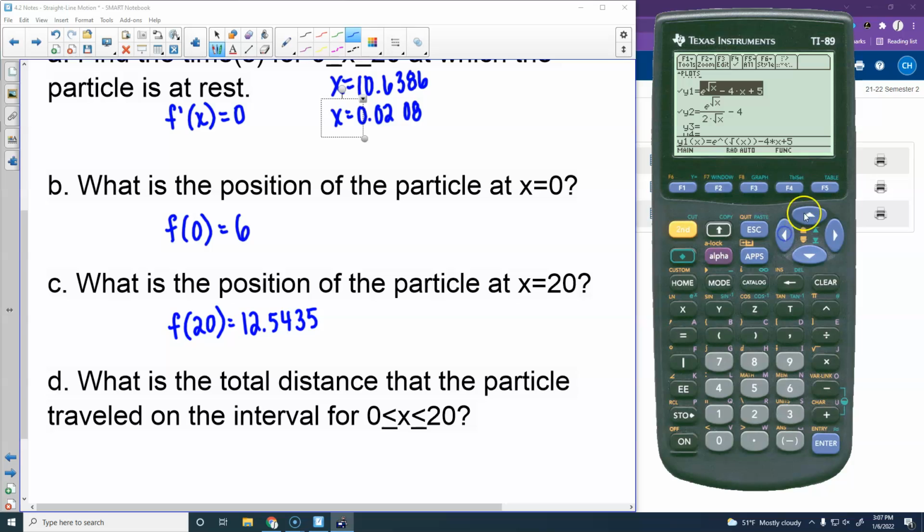I thought you hit the arrow button, but that doesn't seem to work. F4? Okay, yeah, there's a check mark right here. So we want to go up here for F1. We want to do F4. That way it will not graph that original. It'll only graph the derivative because that's all we care about.